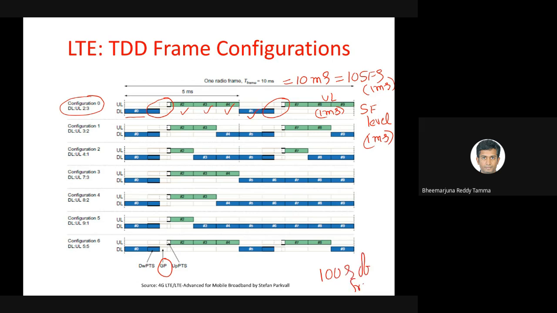For the next 100 frames, maybe a base station can say that I am using configuration 0. Then it can decide that for the next 200 frames, where each of them is 10 millisecond, I am using configuration 3. Like that, dynamically it can change depending on how the traffic in the cell is varying.